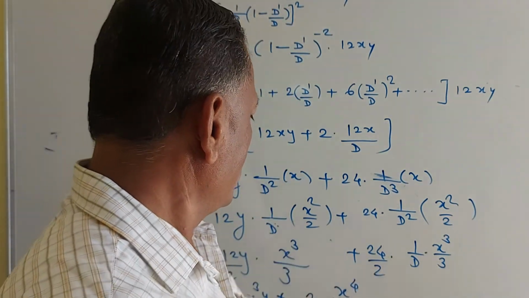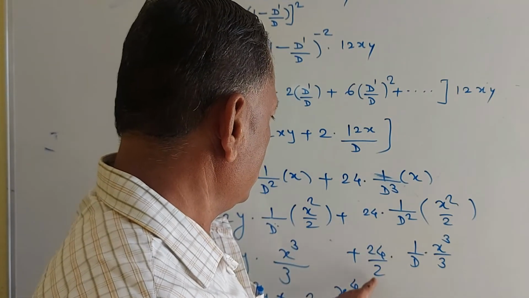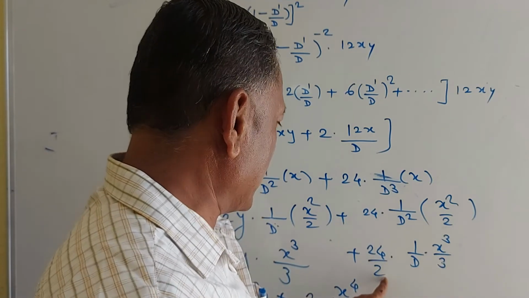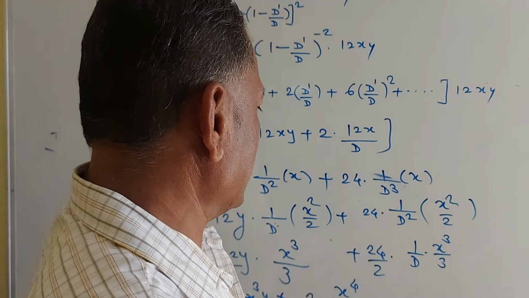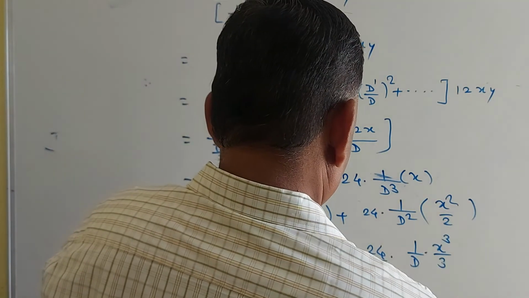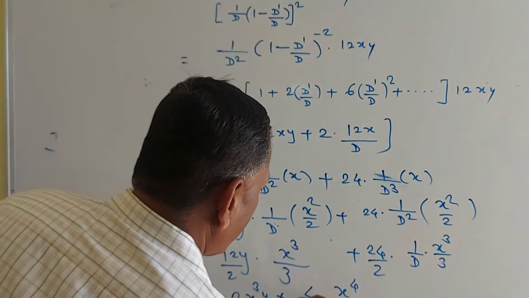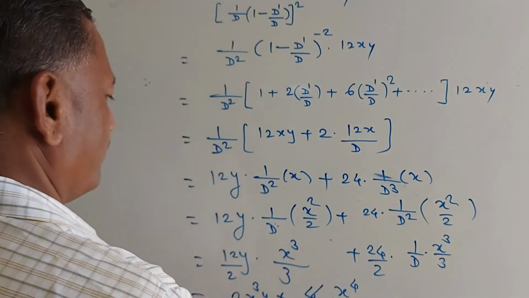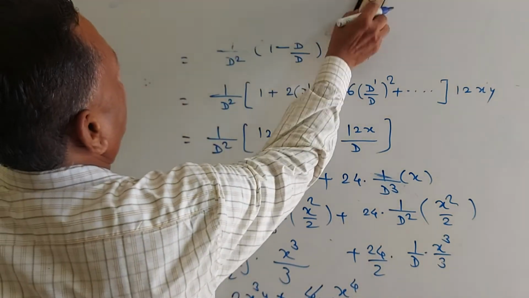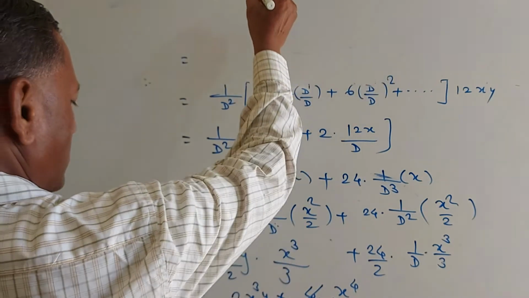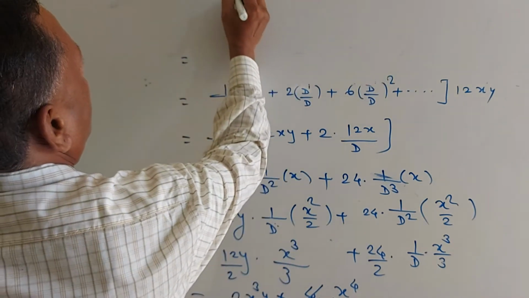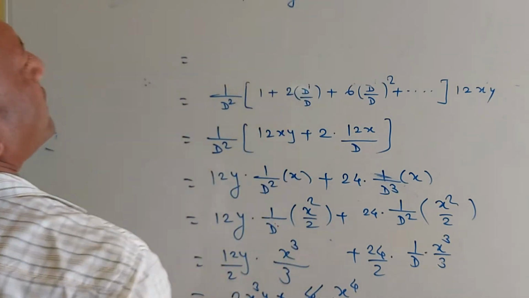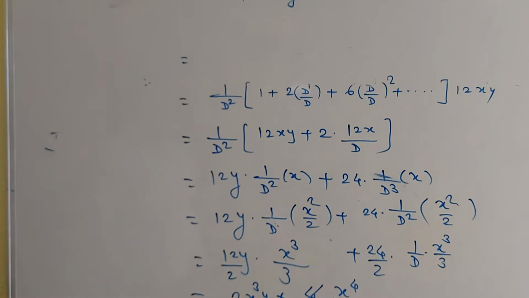Here 4 into x raised to 4 upon 4, the 4 cancels. Therefore lastly the particular integral is equal to x raised to 4 plus 2x cube y, or 2x cube y plus x raised to 4.